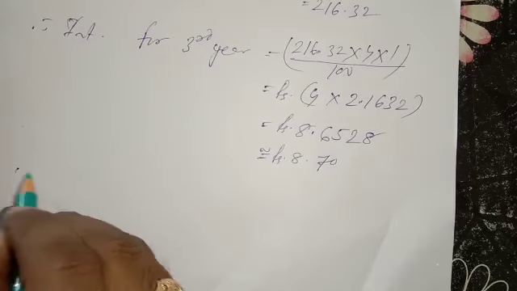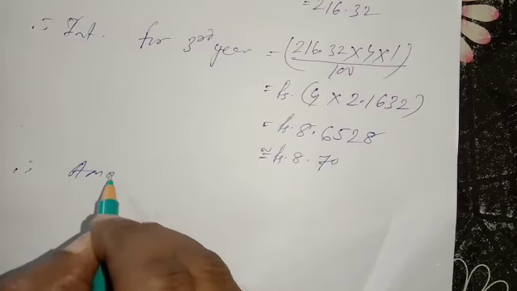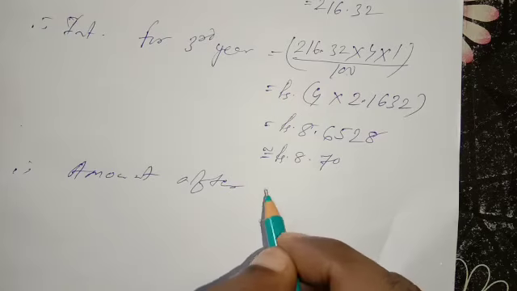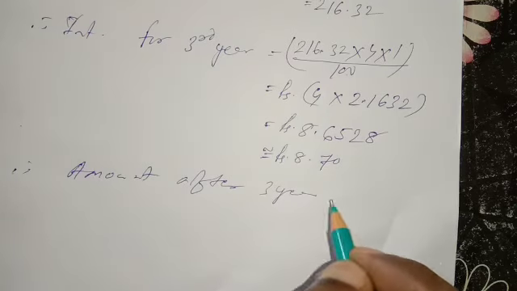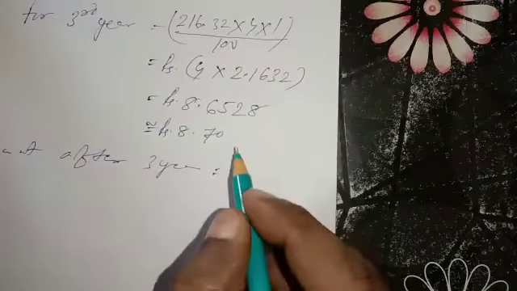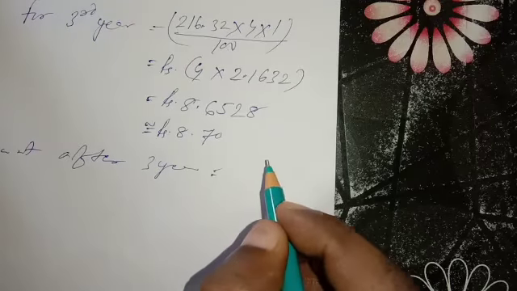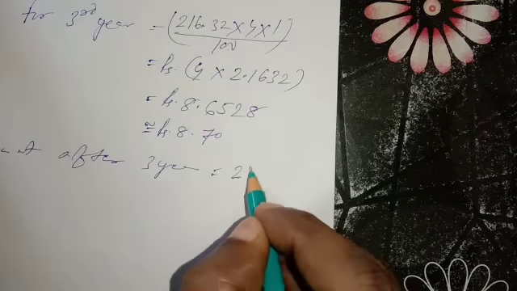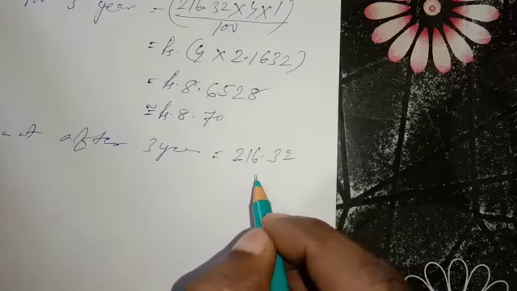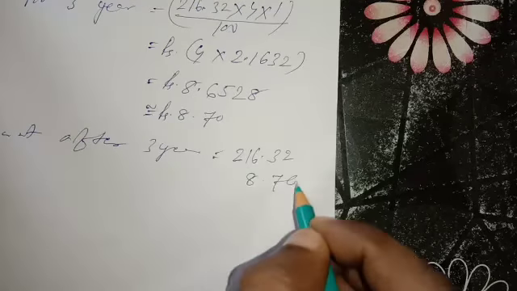Therefore, final amount after 3 years will be how much? The last principal was 216.32 plus 8.70.